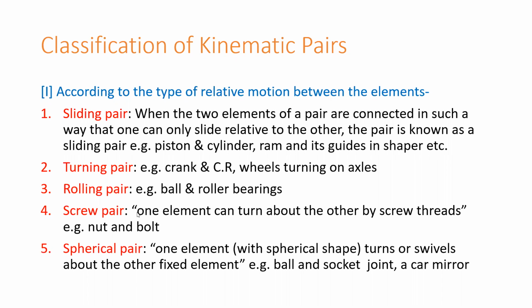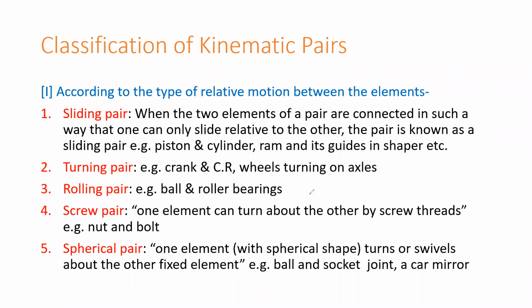Another example of a rolling pair can be a wheel which is rolling on the road surface. The vehicle is moving, and its wheels are rolling on the road surface.